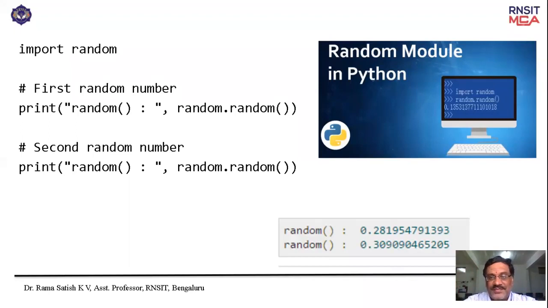Especially when you are working on data science projects, random number generation is very common, especially when you are taking samples.